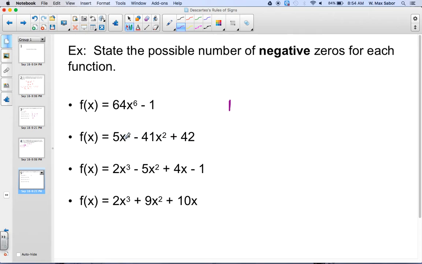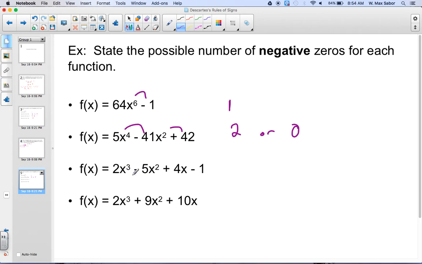Here, if we replaced x to the 4th with negative x, it would be negative x times negative x times negative x times negative x. So this would be x to the 4th again. X squared would be negative x times negative x, so that would be x squared again. So this is still just 1, 2 sign changes. So this could be 2 or 0 negative zeros.